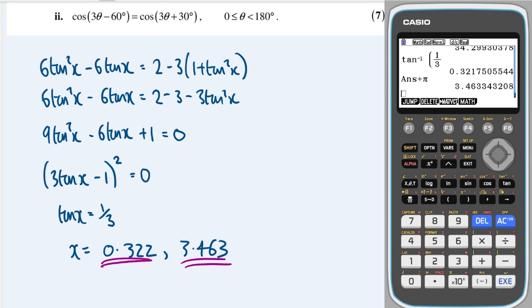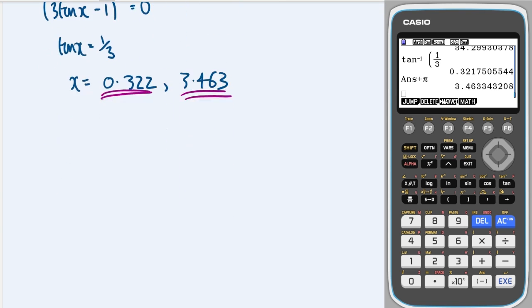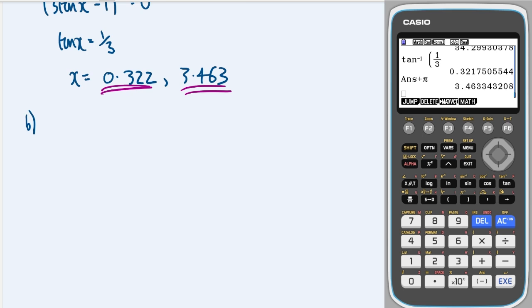Okay, part 2, we're going to need to use the double angle formula here, or the compound angle formula. So we have cos of 3 theta minus 60 is equal to cos of 3 theta plus 30. What does that give us?